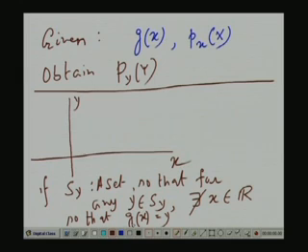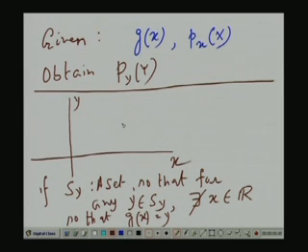That is, there are some segments on this axis, together forming a set S y, such that whatever x you take, the value g of x can never be a member of that set.